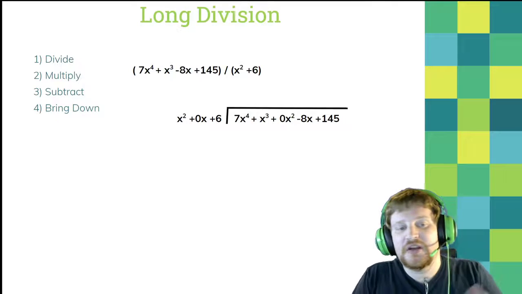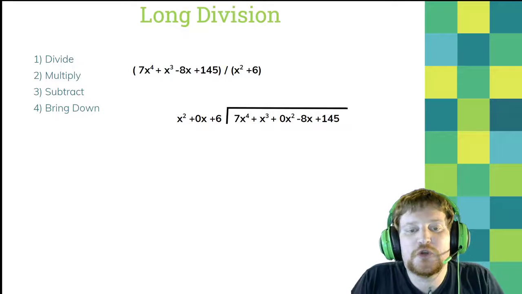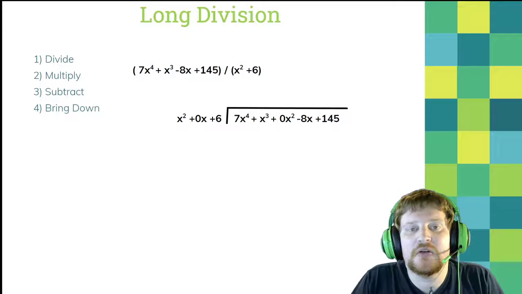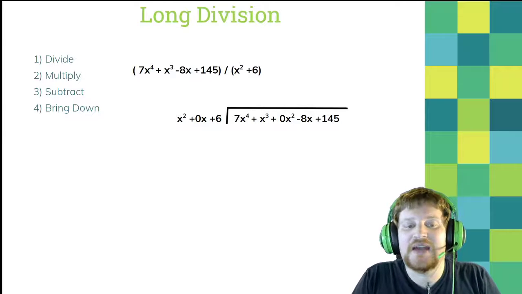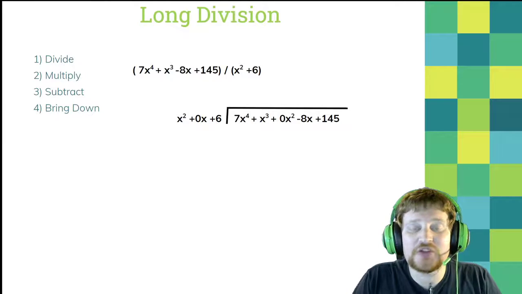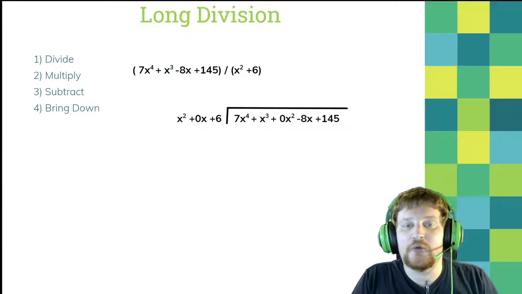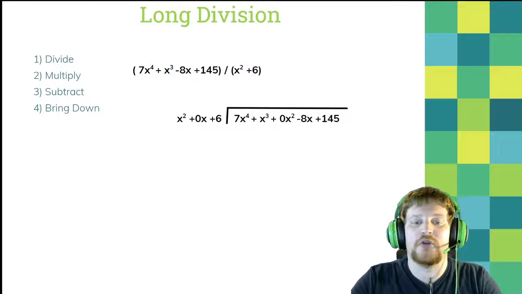For example, here we're trying to get x squared to be equal to 7x to the 4th. So what do we need to multiply by? Well, we know we're going to have times 7, and to get from x squared to x to the 4th, the number that we're going to multiply there would be x squared, because x squared times x squared is x to the 4th.